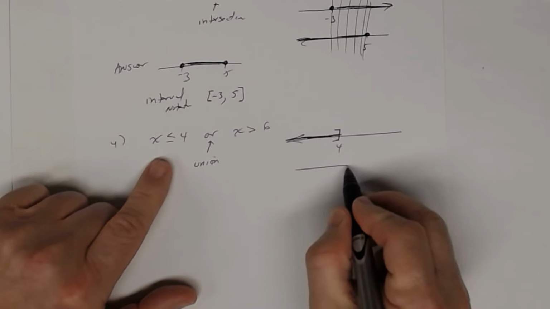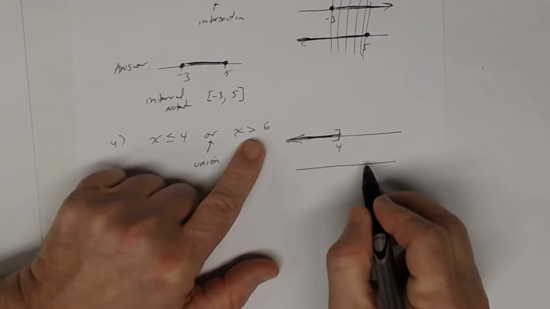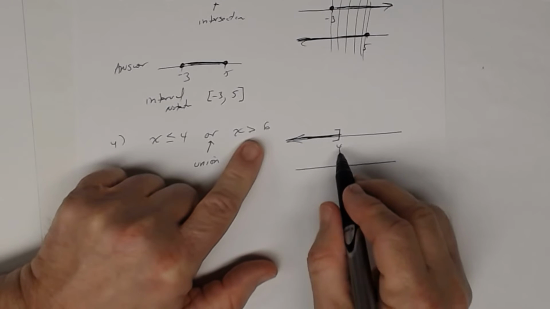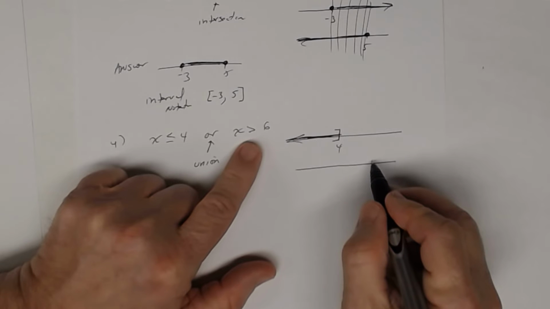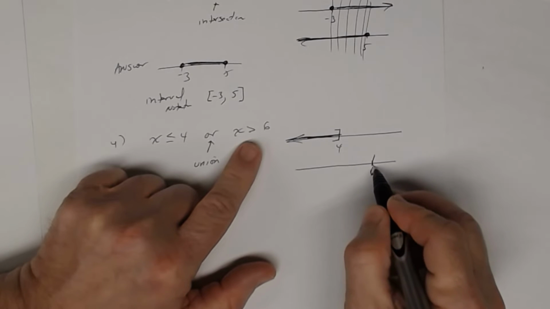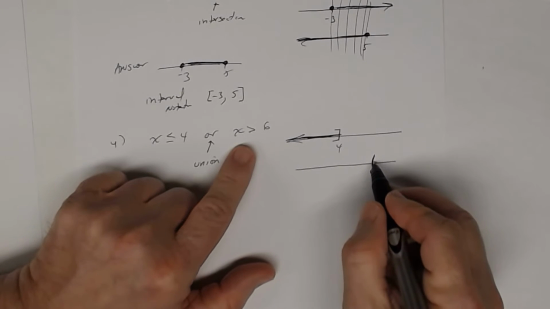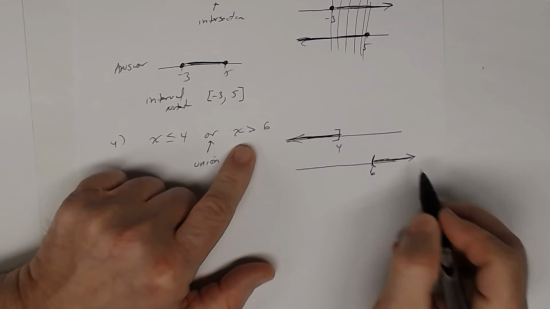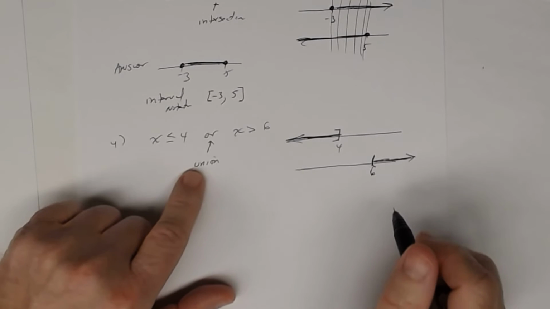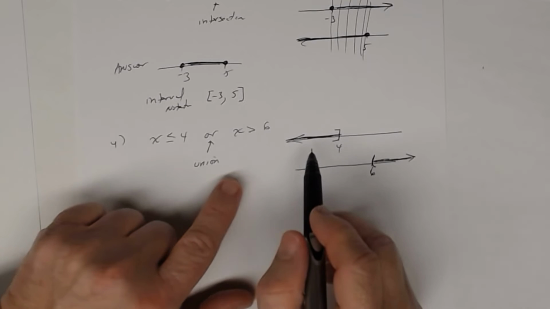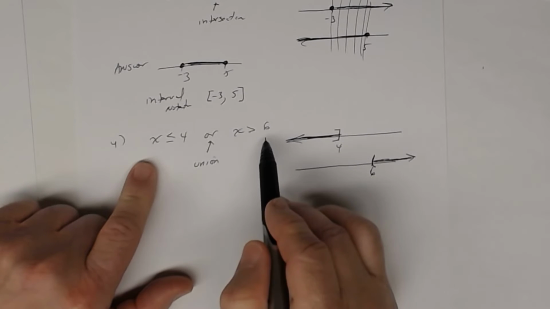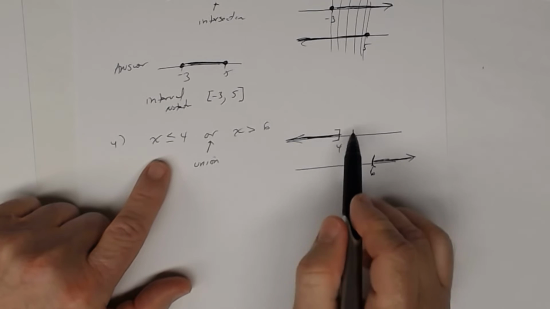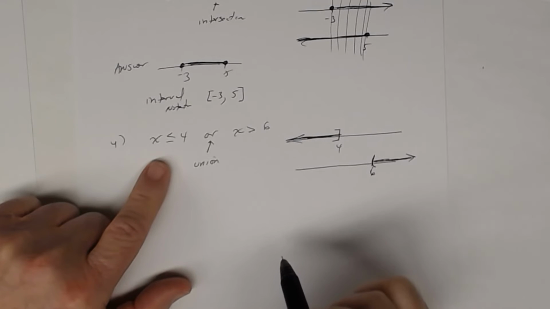And then the next one is 6. Remember, put 6 in relation to where 4 should be on the number line. So here's 6 to the right. And parentheses or open circle. I'm going to use parentheses here, going to the right. So I'm shading in every number greater than that. Now remember, or means union. So the solution to this compound inequality would be any solution you see here and any solution you see here.